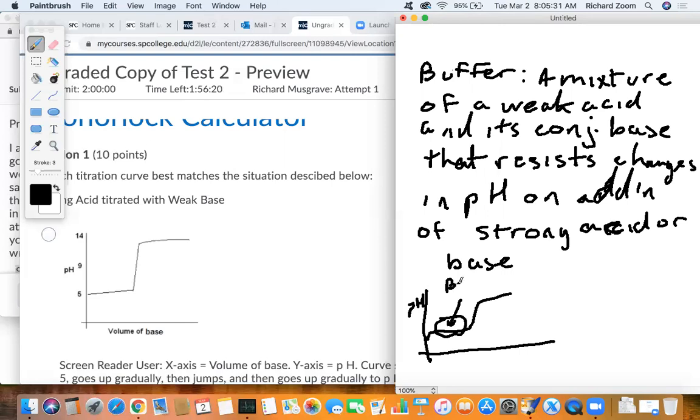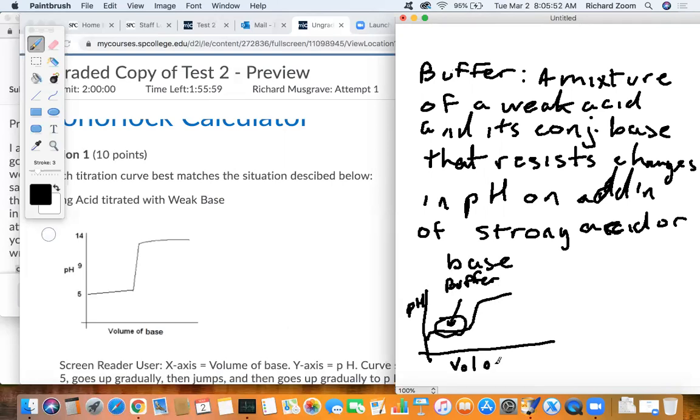Now, you won't necessarily see it as straight, but on all these curves the buffer region is marked anyway. What's happening here is that you've got the pH on the y-axis, and there's not much of a change in pH upon addition of strong acid or base.